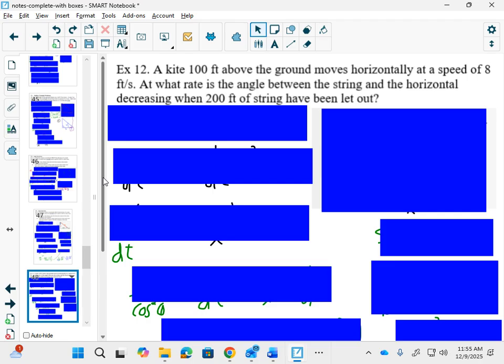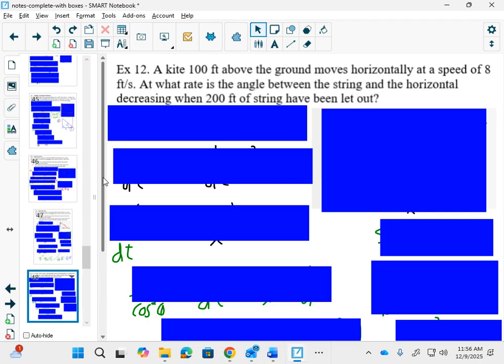And then label the things that are changing with variables. Because drawing the diagram is going to be key to figuring this out. Now, if you don't want to cheat, don't look at the board as I show it.